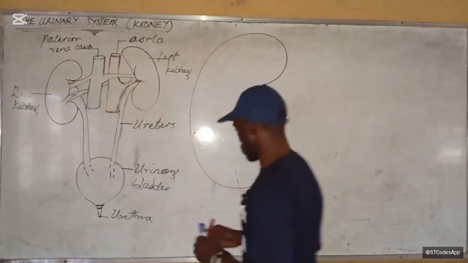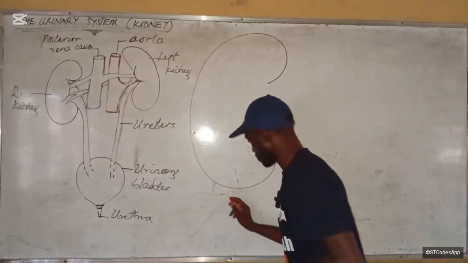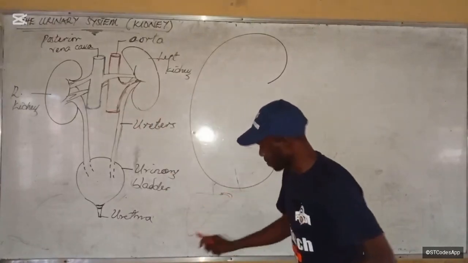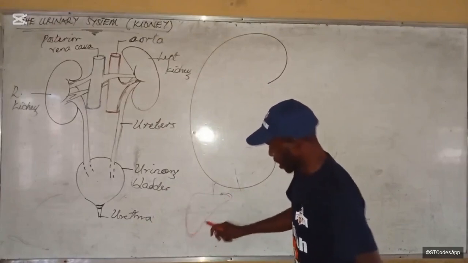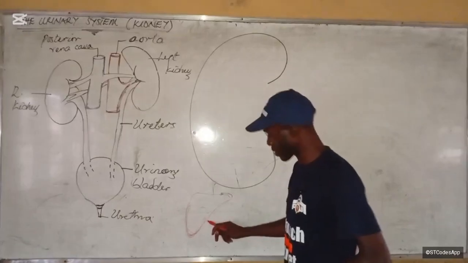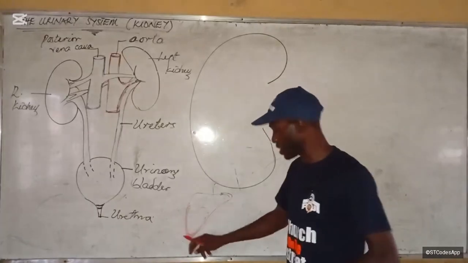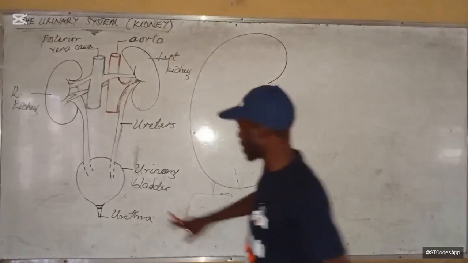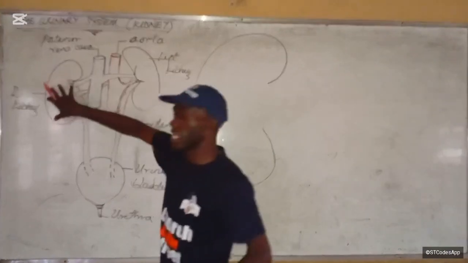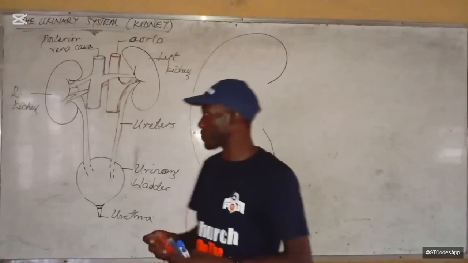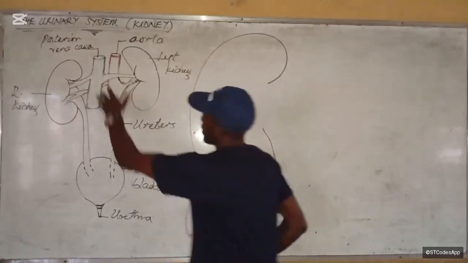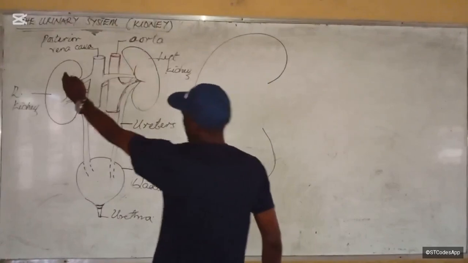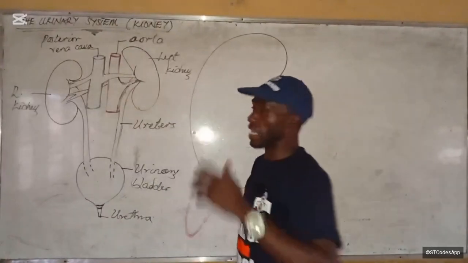You know that the shape of the liver is somewhat like this, so it has to make space for this other lobe. That space is what pushes this one slightly downwards. So we have the right kidney lower than the left kidney.